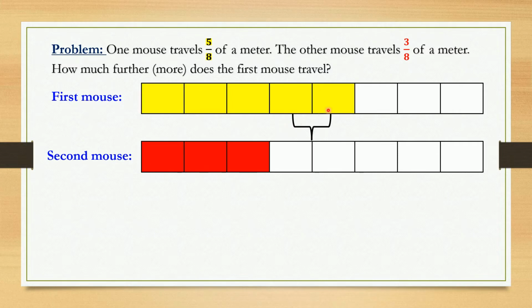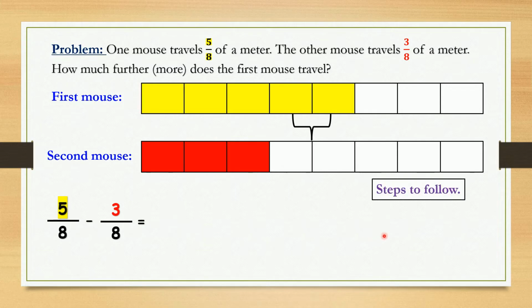So in order to find the fraction that the first mouse traveled more than the second mouse, I do 5 minus 3 equals 2 parts out of 8. So here I need to use a subtraction equation. 5 over 8 minus 3 over 8 equals. Also let's see the steps that we need to follow.